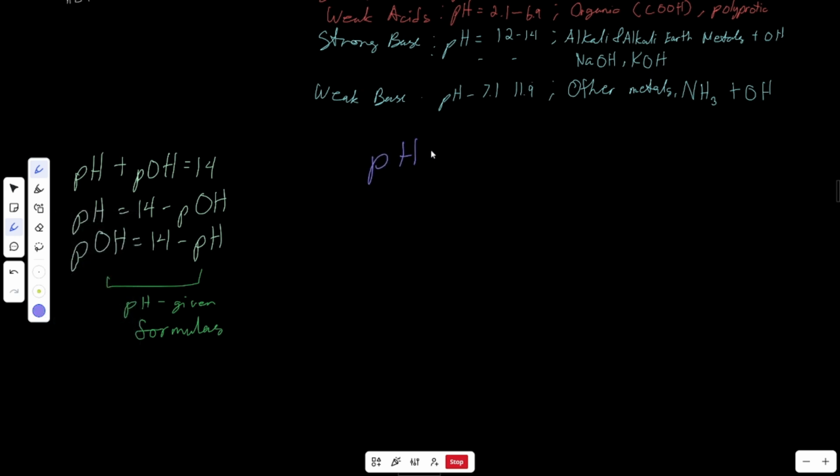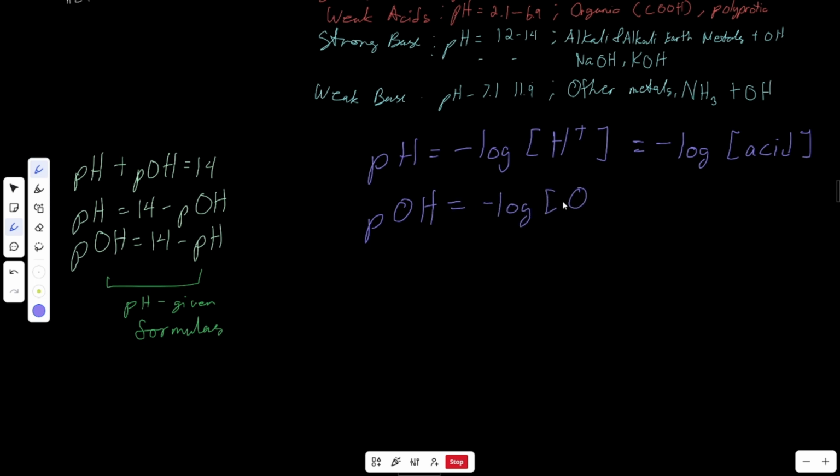So pH is also equal to the negative log, this is common log, of the H plus ions, or the negative log of the concentration of the acid. pOH is equal to the negative log of the hydroxide ions, and this is also equal to the negative log of the base, of the concentration of the base.